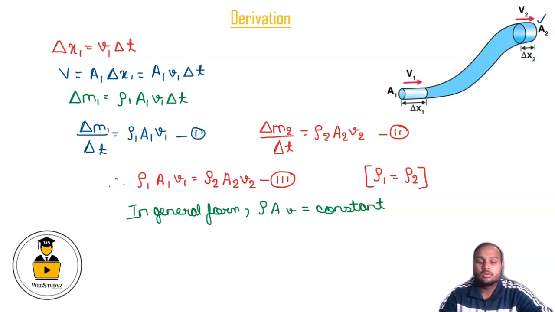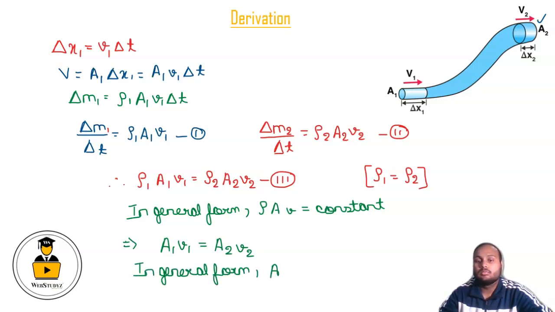So if this is equal, then from here we can write one more equation, that is a1 v1 is equal to a2 v2. And in general form we can write this also as a into v is equal to constant.